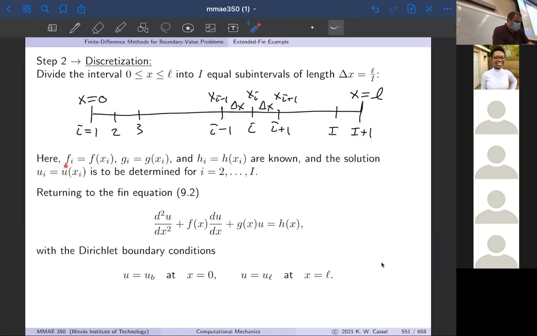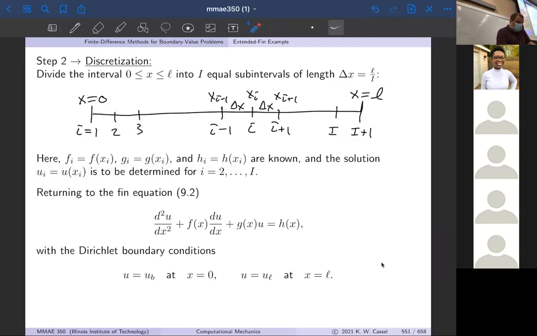So when I say f sub i, what I really mean is f evaluated at x sub i. Same thing with g, same thing with h, same thing with u. So u sub i really means u evaluated at x sub i. So it's just a shorthand to indicate the location at which we have the value of f, g, h, or u.